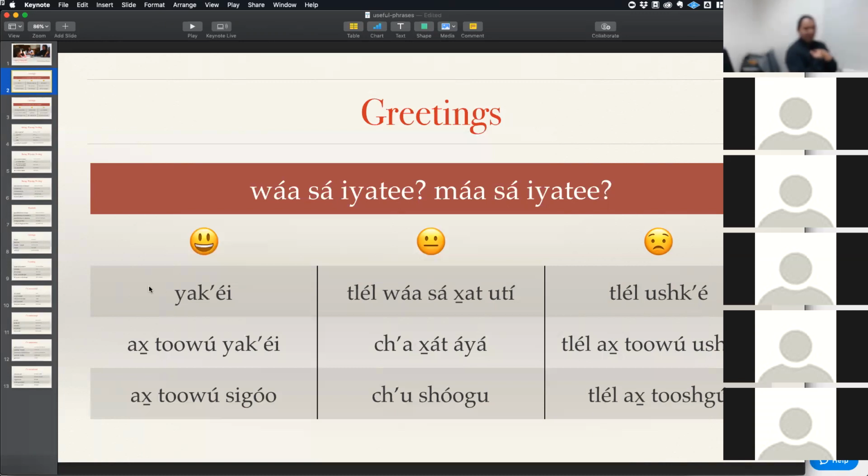How about you feel good? Tuwu yak'e. She feels good. So once we see tuwu we know we're in the realm of the possessive pronoun. Right? And so whenever you have tuwu, you're going to have ituwu, dutuwu, hatuwu, yituwu, hasdutuwu. Right?